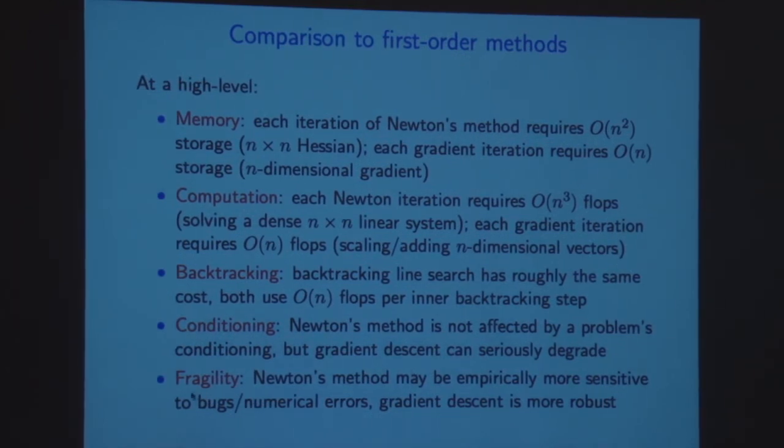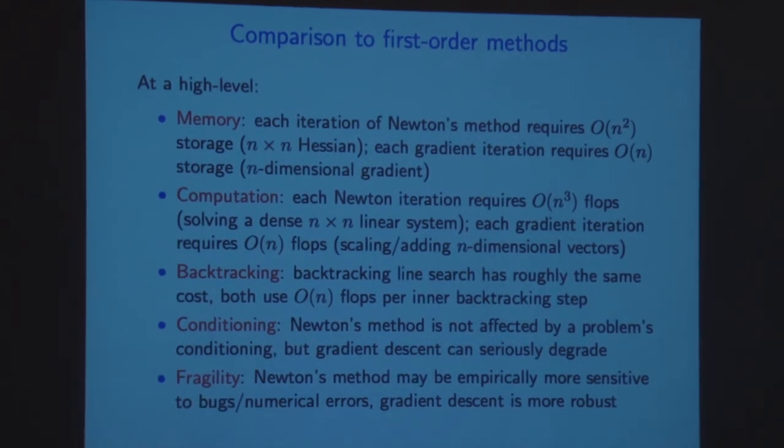This one is not as precise as the others, but I'd say there's an issue of fragility, or numerical stability, we have to pay attention to, which is that Newton's method, in my experience, is more empirically sensitive to numerical errors, say in the calculation of the descent direction.